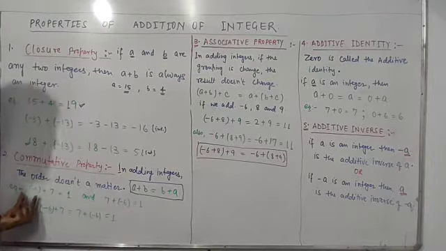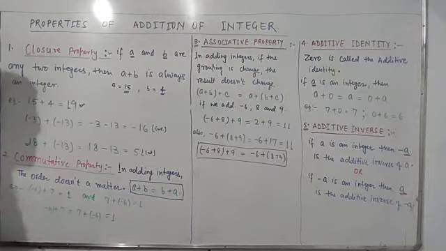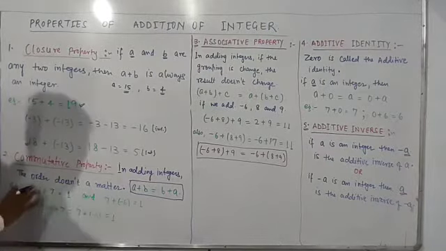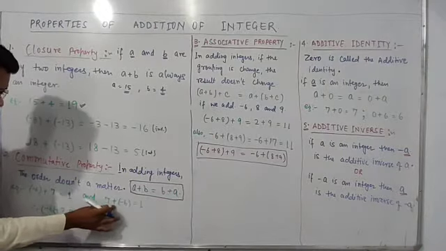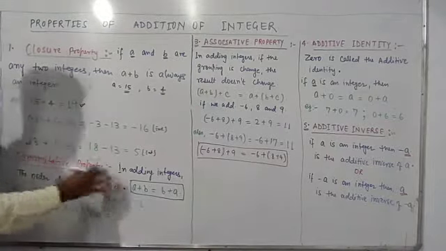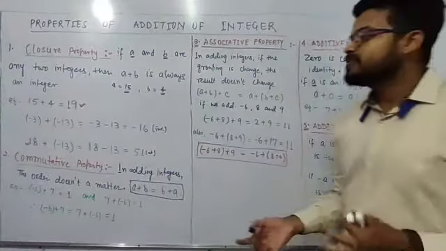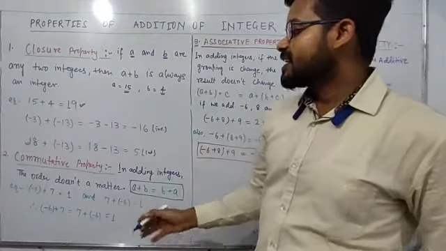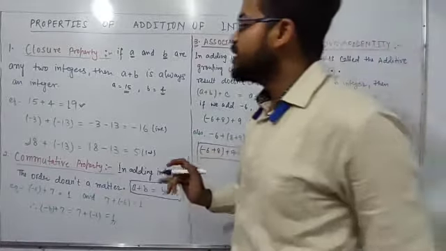Which is the greater value? 7, and 7 is plus, so the value is plus 1. If we change the order, 7 plus minus 6 is also 1. So in addition, if we change the order, 5 plus 4 or 4 plus 5, it is always 9. It doesn't change the value. This is the commutative property.